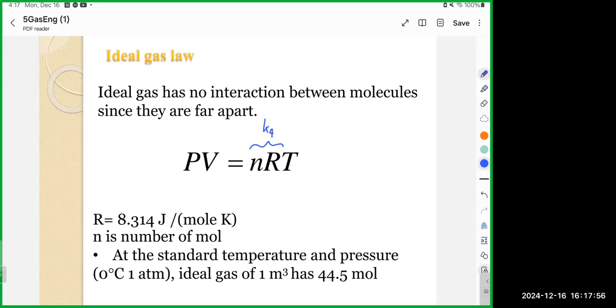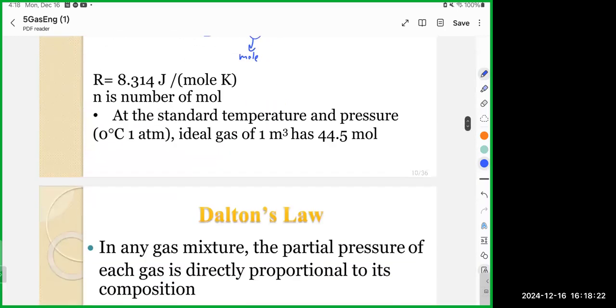And here is the ideal gas law, where the pressure and volume multiplication equals nRT. N is the number of moles, in the unit of mole. R is a constant.